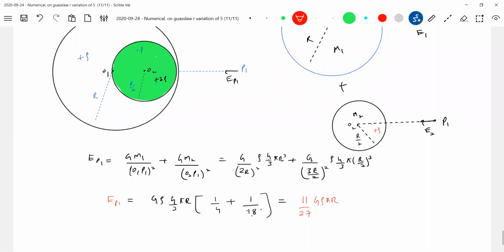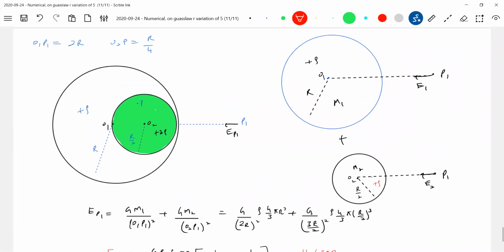Now how to calculate the field at point P? The point P will come here, no? The point P is here, and the point P will be somewhere here. O2P value is also given. Look here, O2P is R by 4. Now what shall we do?